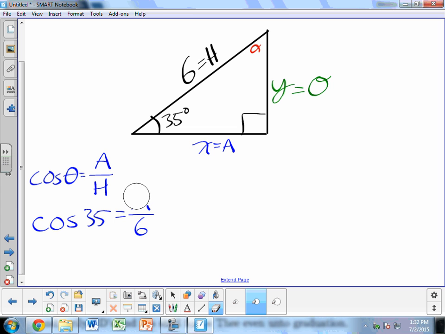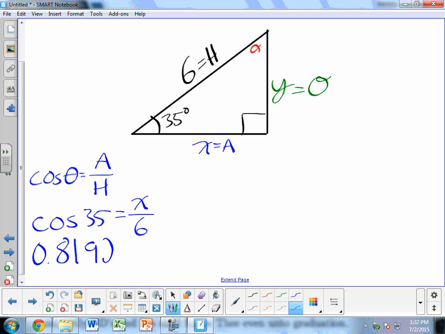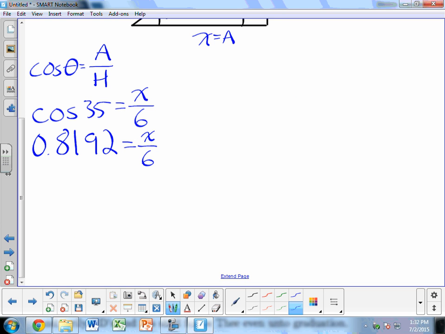So we decided to call the adjacent side x. Now all I have to do, cosine of 35 is a number, and there's really no other way to find this out other than putting it in a calculator. So I put cosine of 35 in my calculator, and I get 0.8192 something, rounded to 4 decimal places. So this equals x over 6. Now my goal is to get x by itself, so I multiply each side by 6.